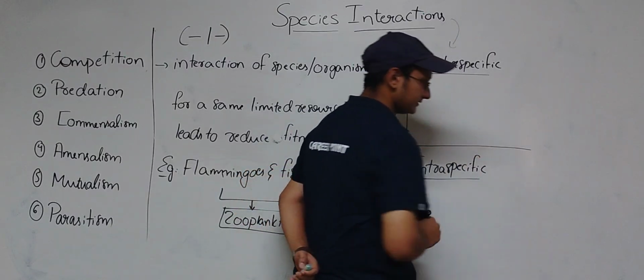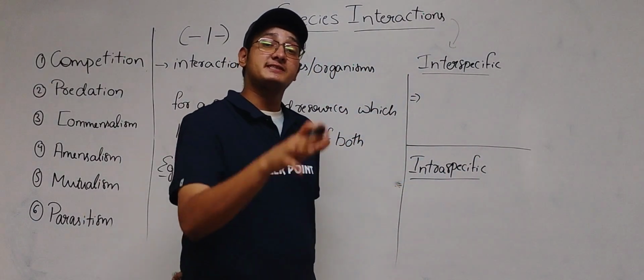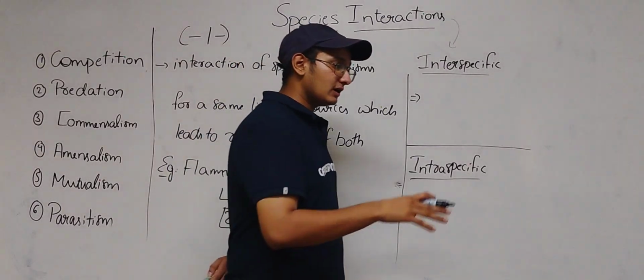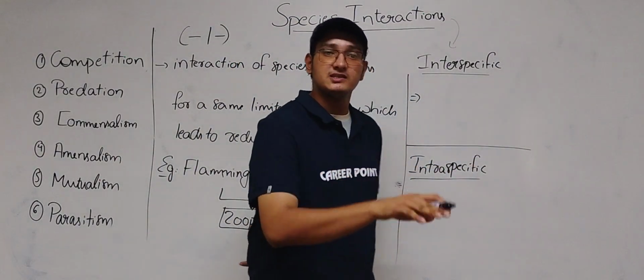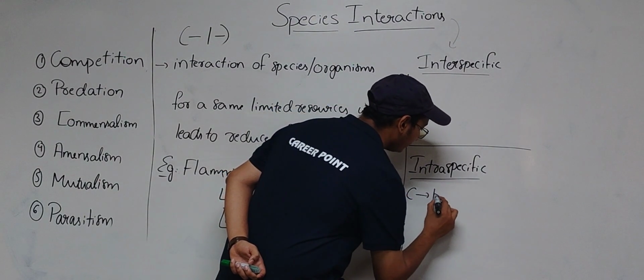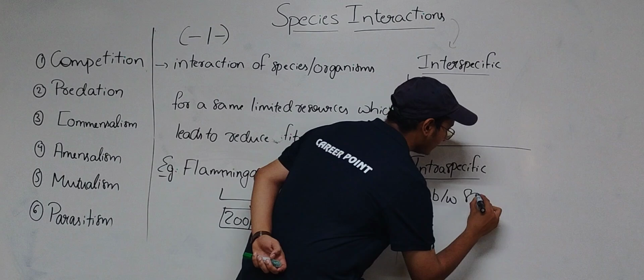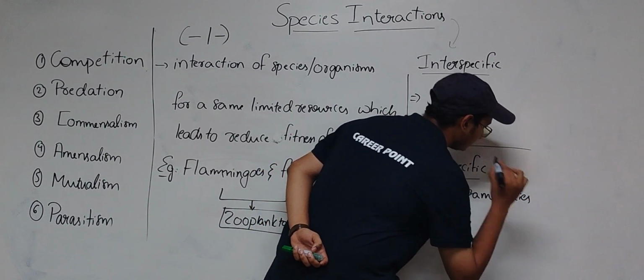Interspecific and intraspecific. When there is competition between organisms of the same species, so now we are fighting with each other, we belong to the same species, this is known as intraspecific competition.